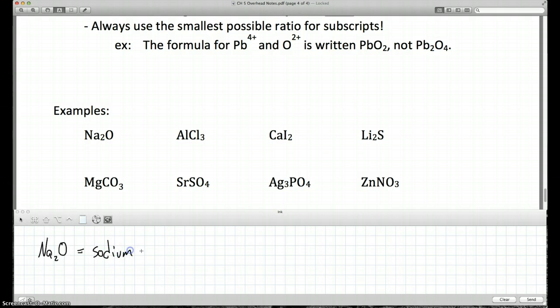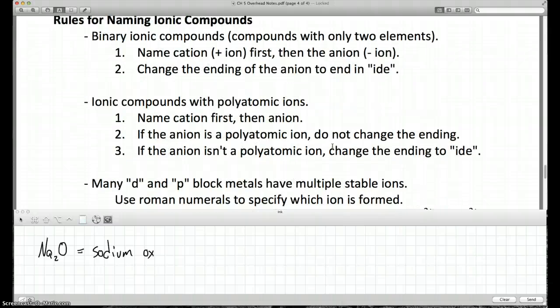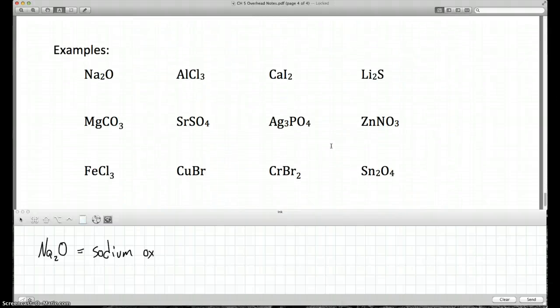Sodium and oxygen, like I said, the ending of the anion, the ending of the negative ion, the second one, changes to IDE. So if we're doing sodium and oxygen, we get sodium oxide.